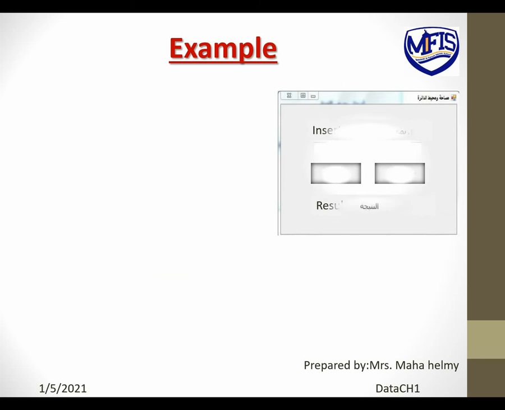Let's have an example. What if we want to calculate the area of a circle or the circumference of a circle? What to do? As you can see on your screen, we can insert the radius, and according to the radius that we have inserted, we can click on the area button to calculate the area, or the circumference button to calculate the circumference.